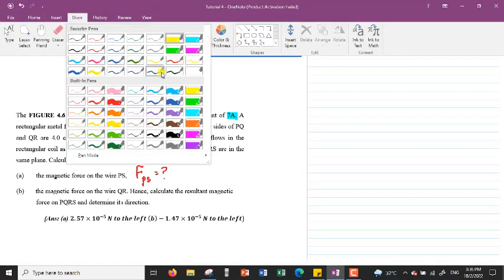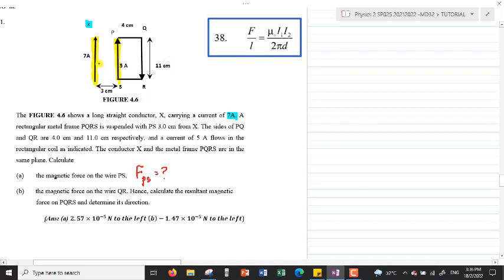So we understood that any wires carrying current in the same direction are going to attract each other. So we have force PS here. This is the force acting on wire PS.